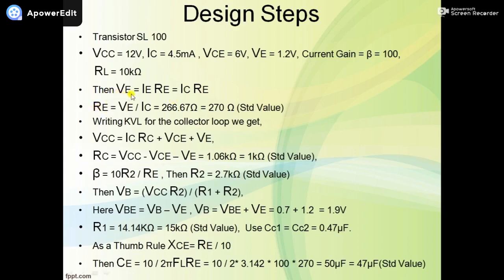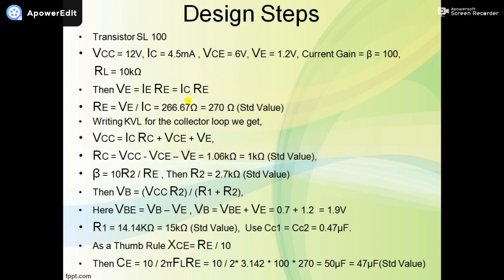First of all, consider VE. VE is the voltage at the emitter terminal. It is IE into RE, and this is also equal to IC into RE because IE is nearly equal to IC. We know the transistor current equation: IE is equal to IB plus IC.